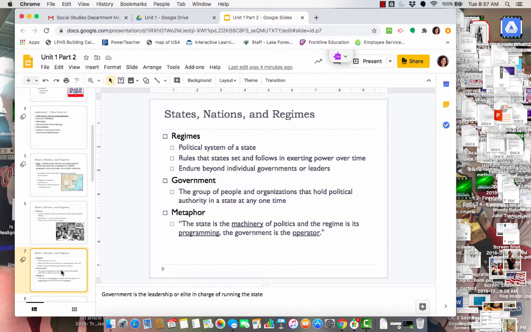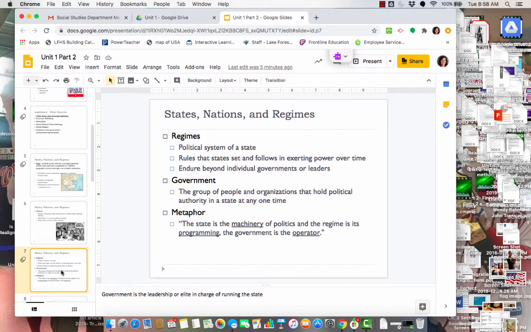These are the rules of a political system of a state. The government is the group of people that work to uphold the rules of the regime. So governments are interchangeable, right? They're elected, they're chosen, they go in and out. The regime stays usually, unless there's a revolution or a coup. But the government changes depending on elections.